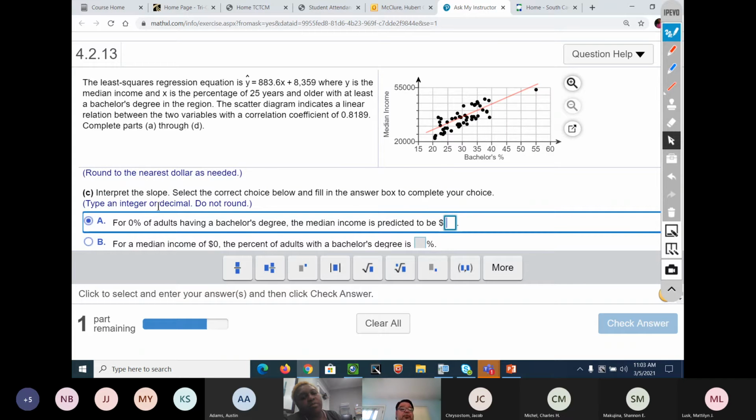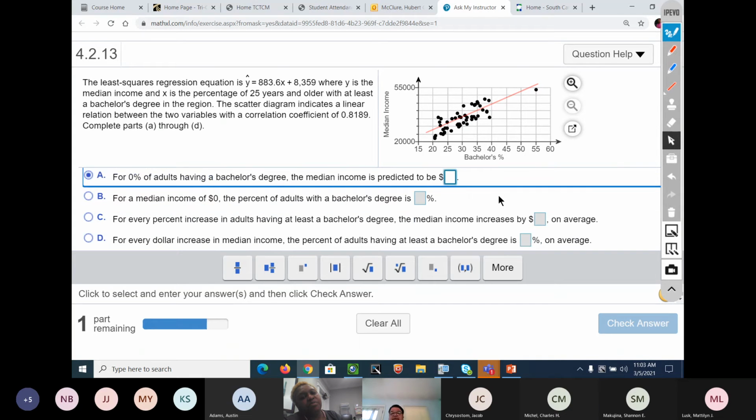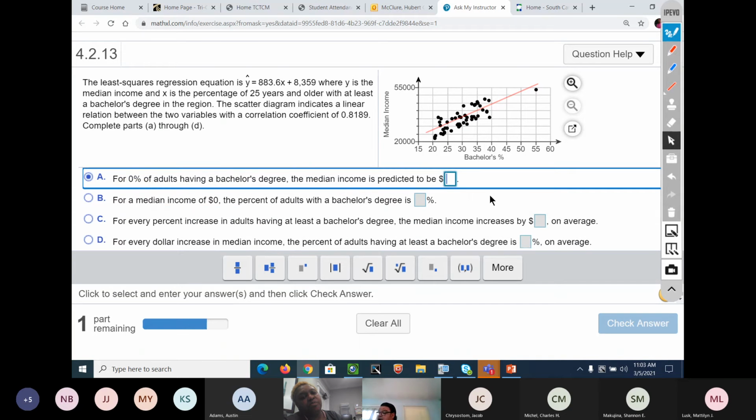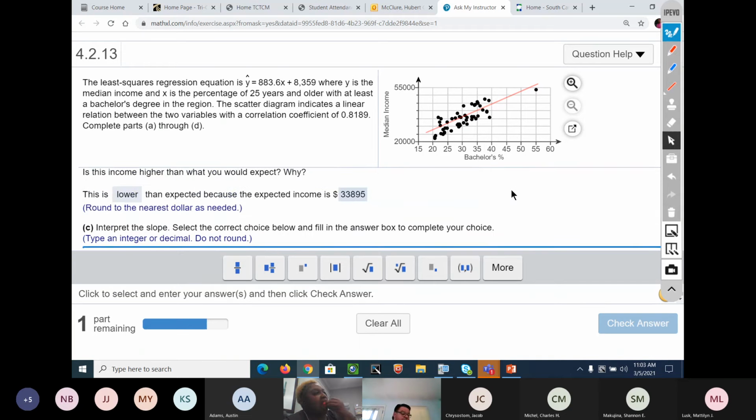Are they asking for the slope? Oh, interpret the slope. Okay, I'm sorry, I thought they were asking for the y-intercept. I'm trying to hurry. I'm trying to finish this question. The slope is 883.6 over 1.